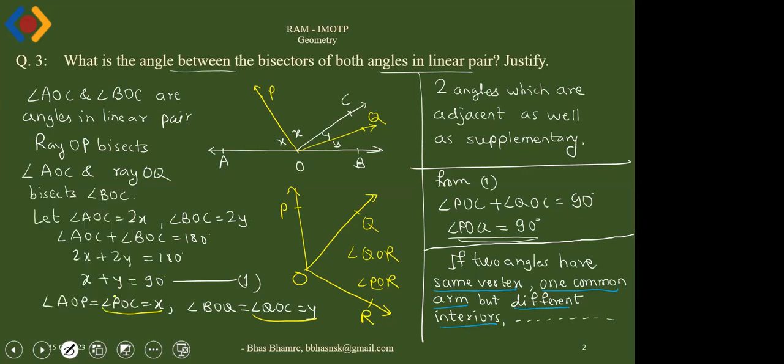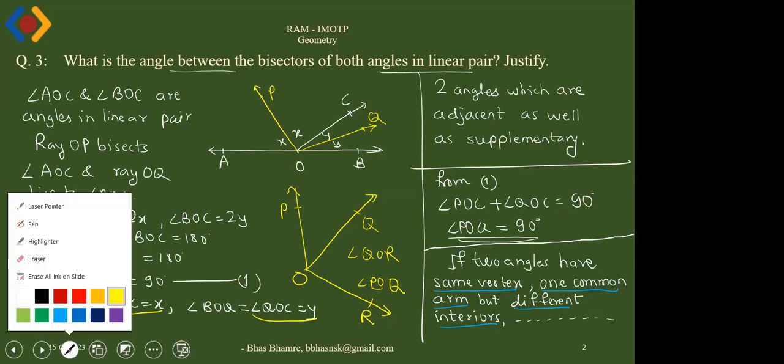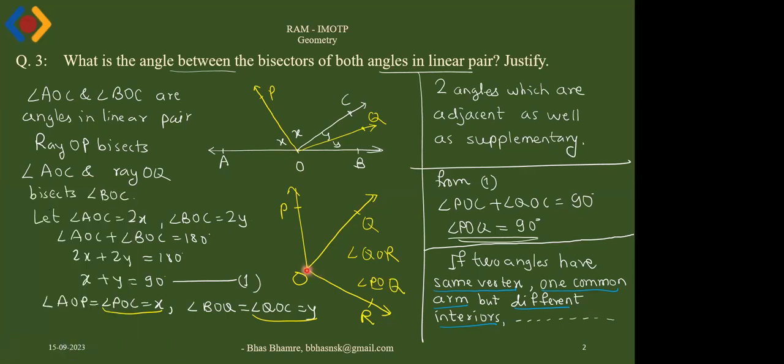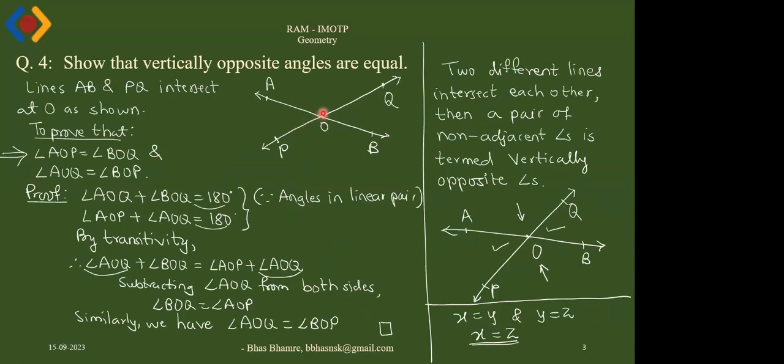But when we take angle QOR and angle POQ, we find that they have common vertex O, common side OQ, and their interiors are distinct. So they are termed as adjacent angles. Now, keeping in mind those three conditions, when we come here, we get four angles and two straight angles.